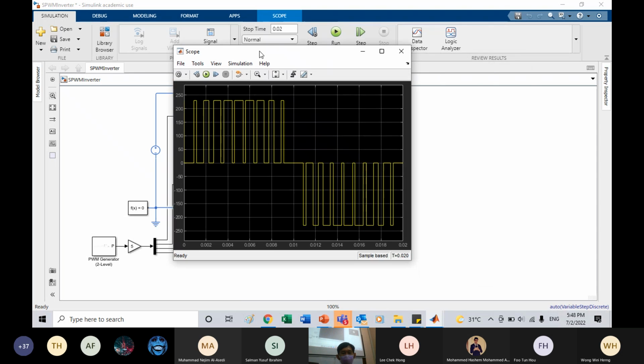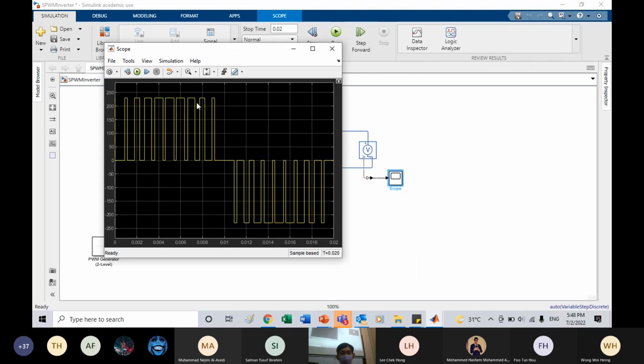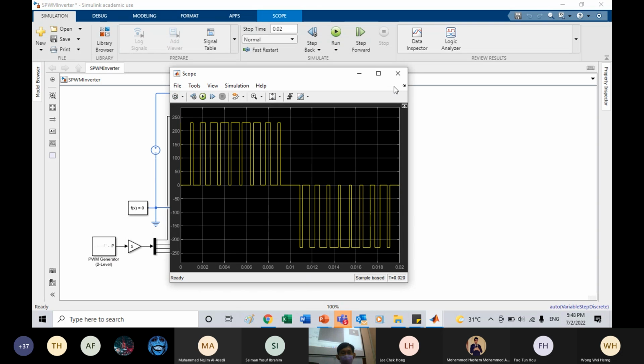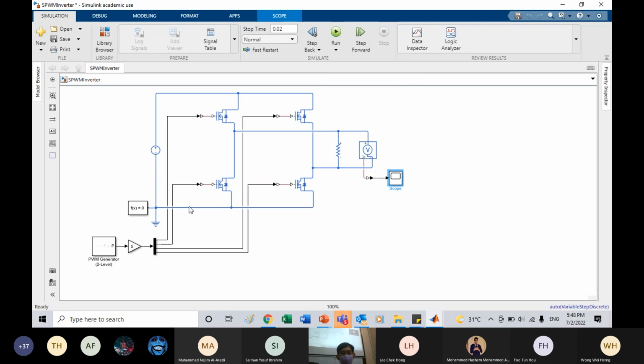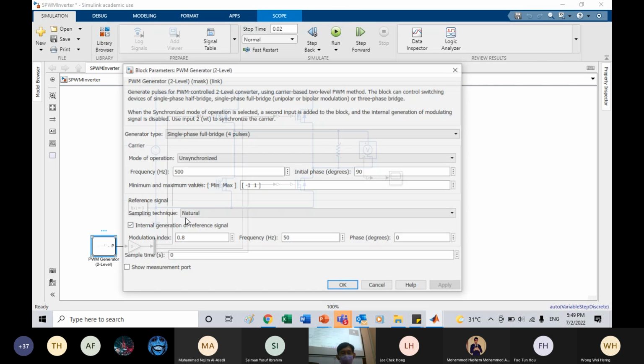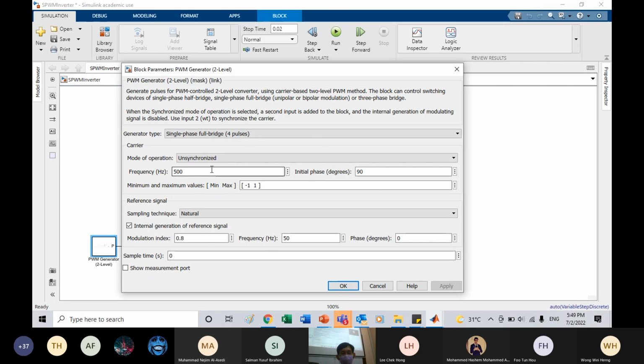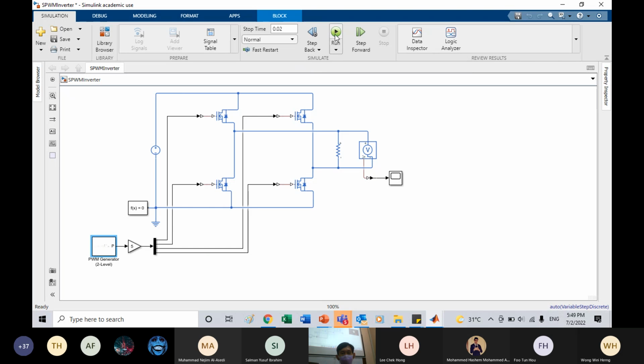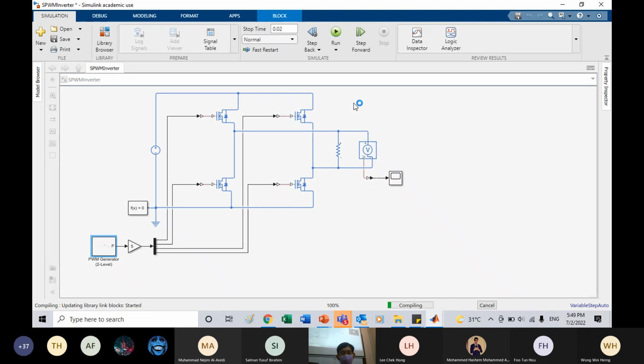All right, you should be able to see this output. Now, if I change this to 5,000, that means I increase another 10 times, higher resolution. I run again.